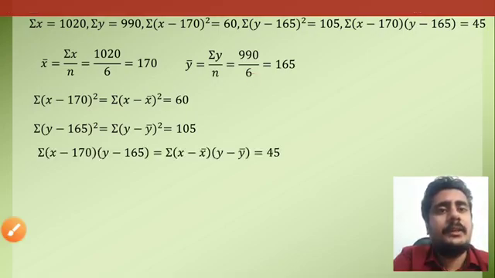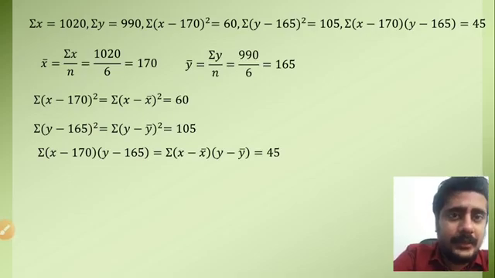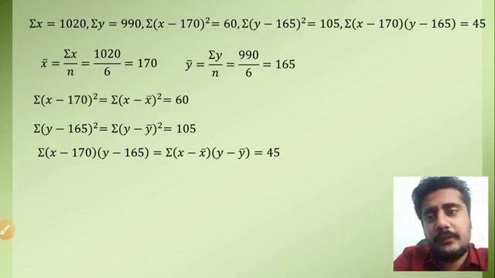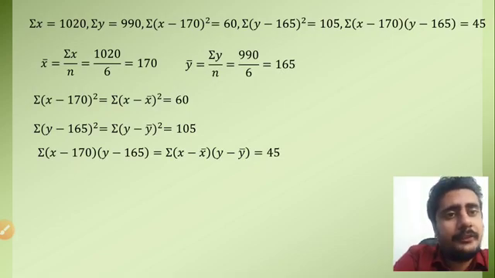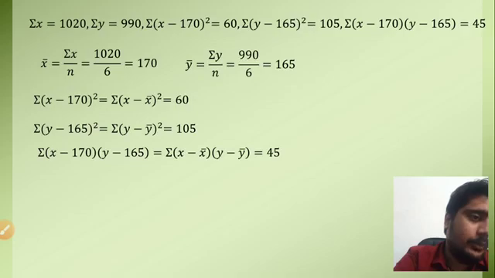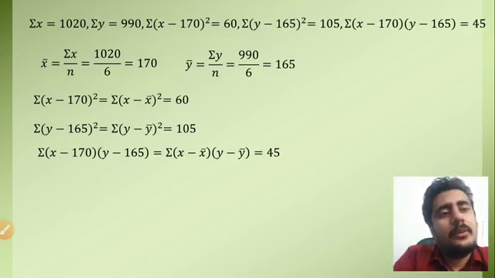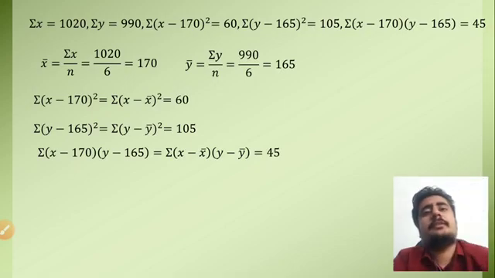Now if this is y minus y bar whole square, then the following, that is x minus 170 and y minus 165, sigma of x minus x bar, y minus y bar should be 45. Yes. So write it in the book: sigma x minus x bar whole square 60, sigma y minus y bar whole square 105, sigma x minus x bar, y minus y bar 45.